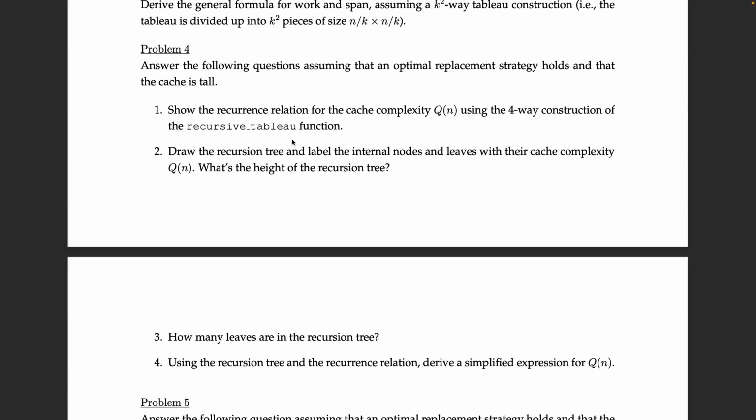Is that number 2? Because, yeah, it's a good point. There are 4 subproblems, but each n is just the side length. So if you cut both side lengths by 2, then you cut the whole grid by 4. Okay? So it's Q of n equals 4 times Q of n over 2 plus something.